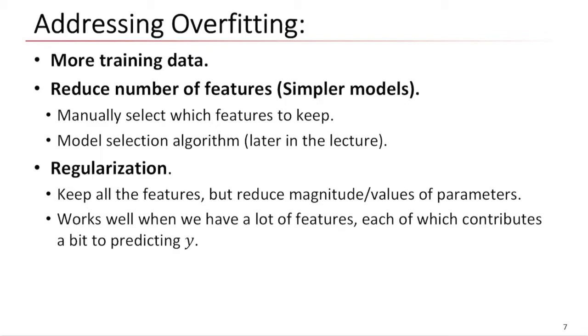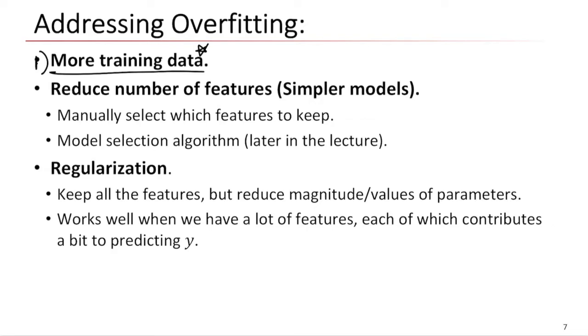Okay, so the first thing we want to do is just use more training data. If we have a large scale data set, there may be some noise, but at the same time, the possibility of a good distribution of the training samples is increasing.